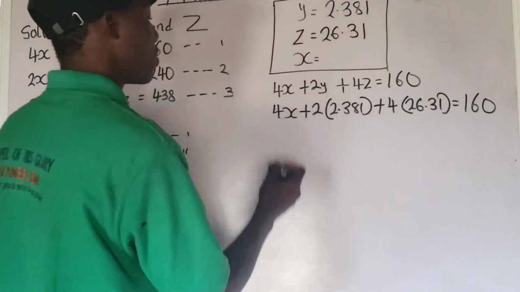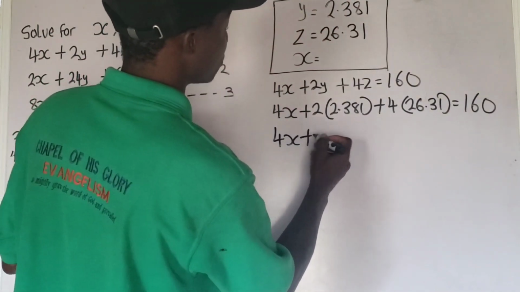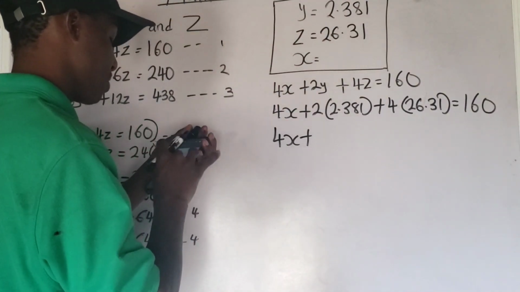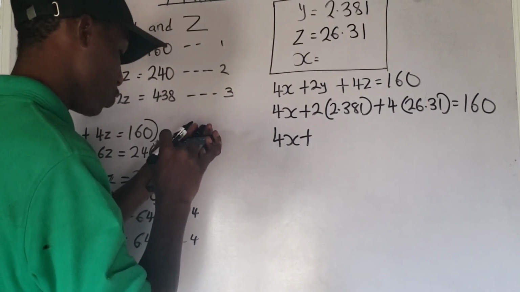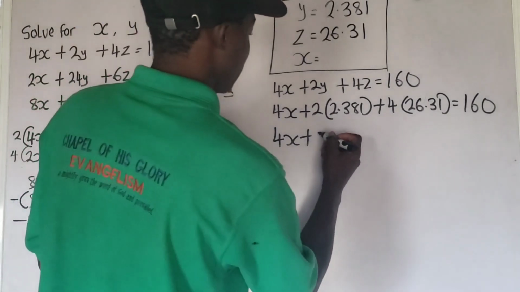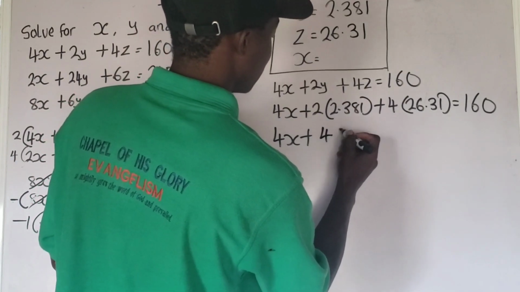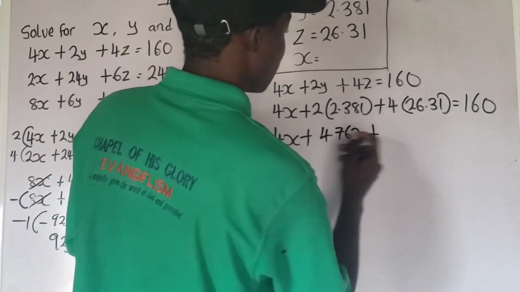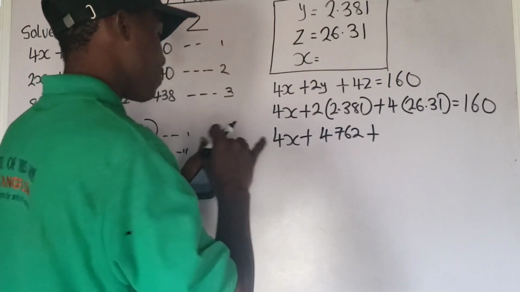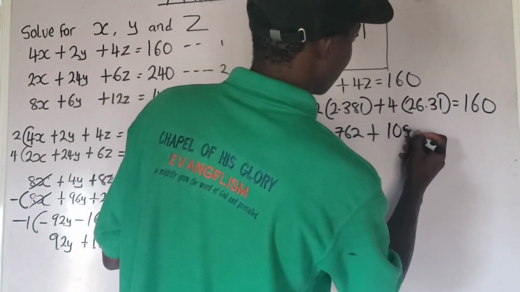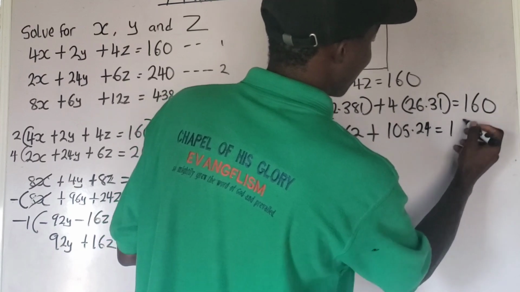Do you understand? Okay, 4x plus 2.381 multiplied by 2 is 4.762, plus 4 multiplied by 26.31, that will give us 105.24, is equal to 160.